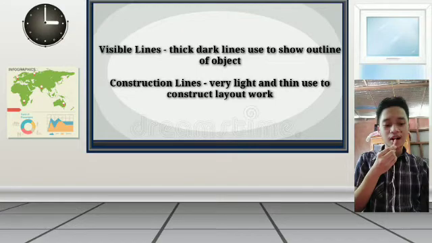Visible lines are deep dark lines used to show the outline of an object and the visible edges of a surface. They are darker compared to construction lines.